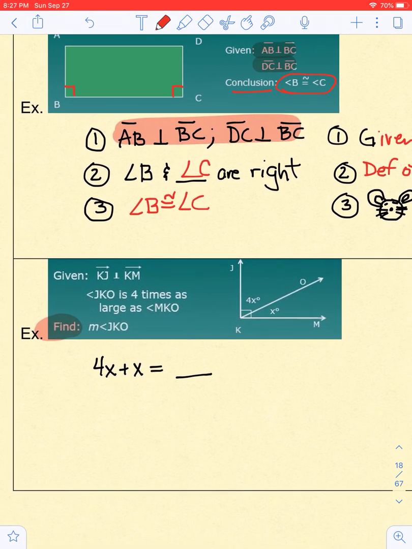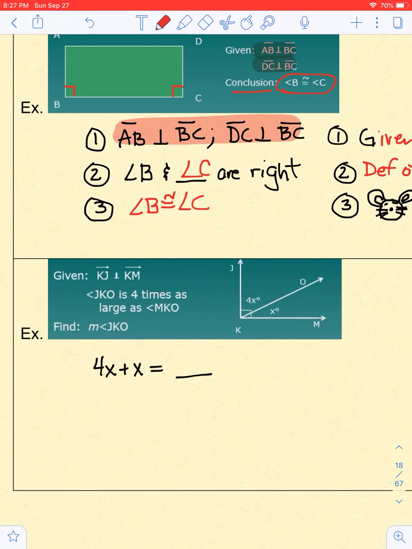The next two problems are examples. So notice it says find, it doesn't say prove or conclude. So here goes. Find the measure of JKO, which is, you can see, that angle there.